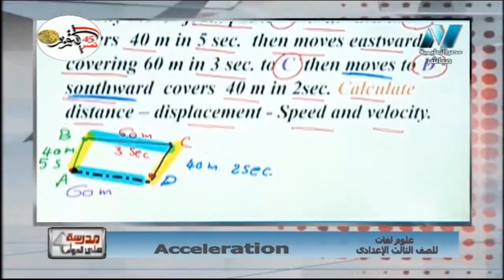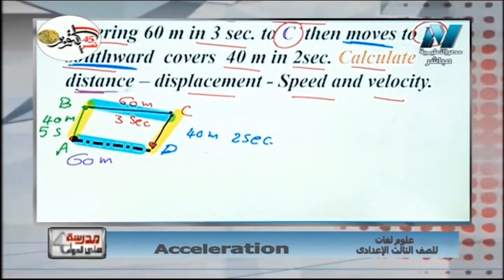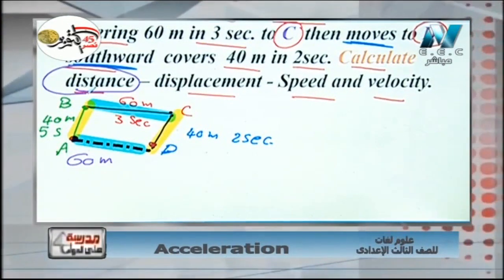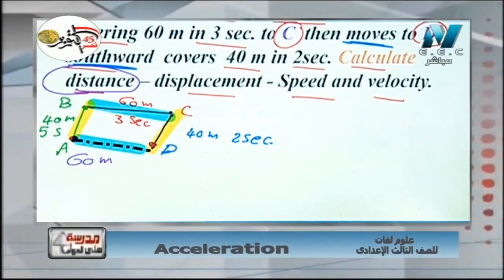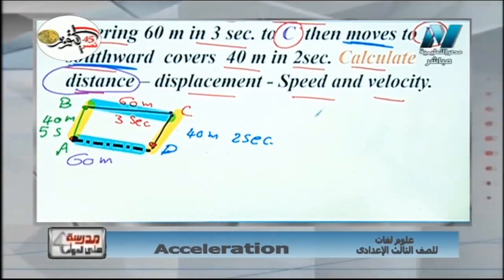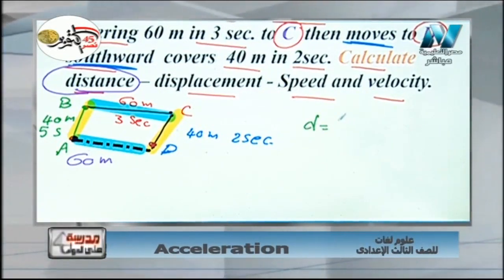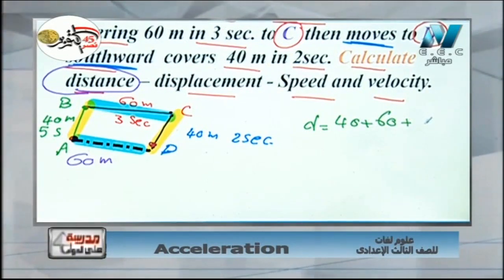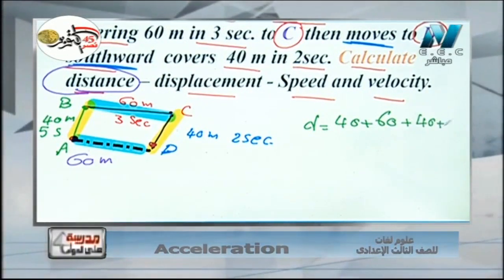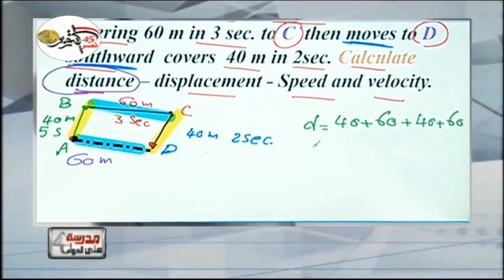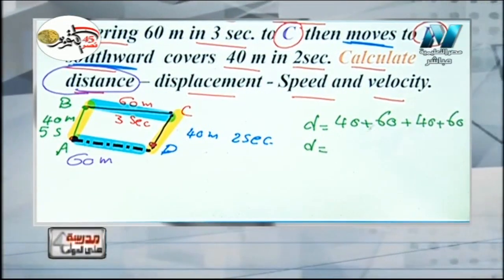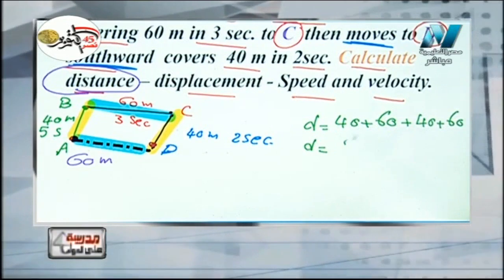So how can we calculate distance? Distance is the actual length, and I will calculate all of it. So distance equals 40 plus 60 plus 40 plus 60. So distance equals 100 plus 100, equal 200 meters.